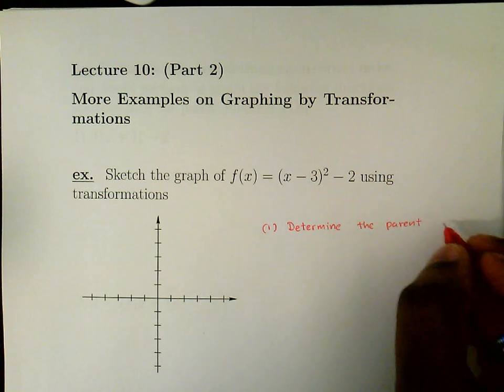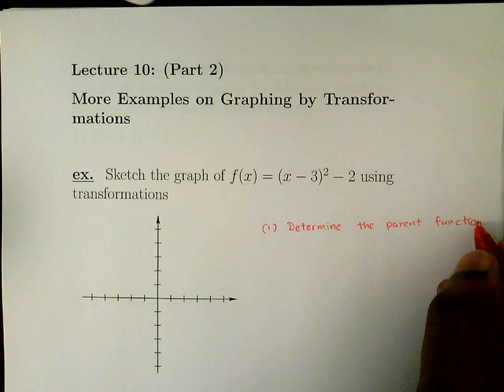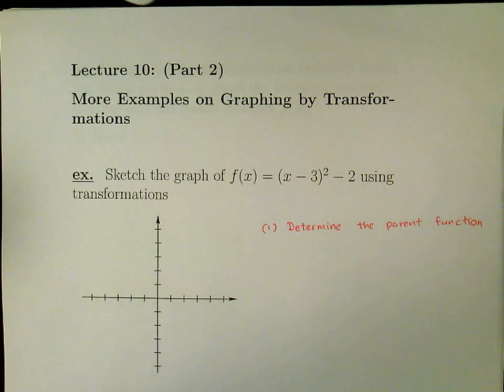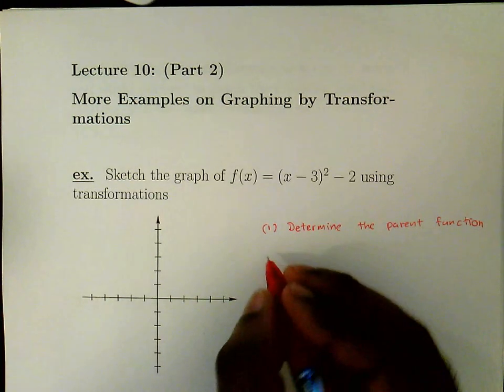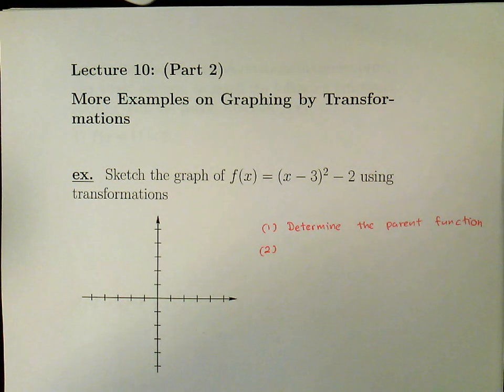And once you identify the parent function, you need to see one by one what transformation we have to do in order to get the last function. So let me just write it down, and you will need to follow a certain order.